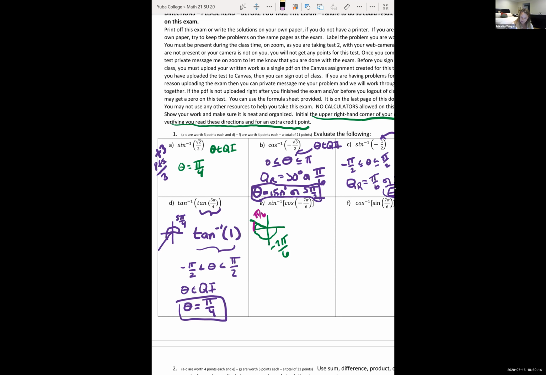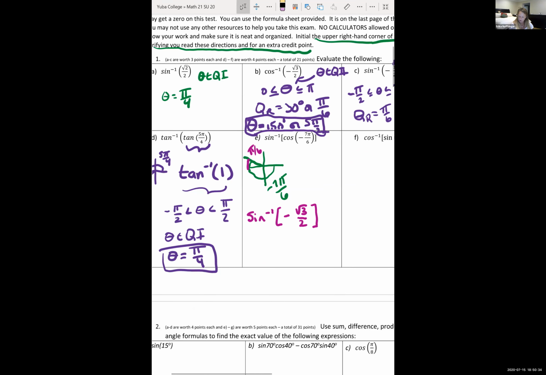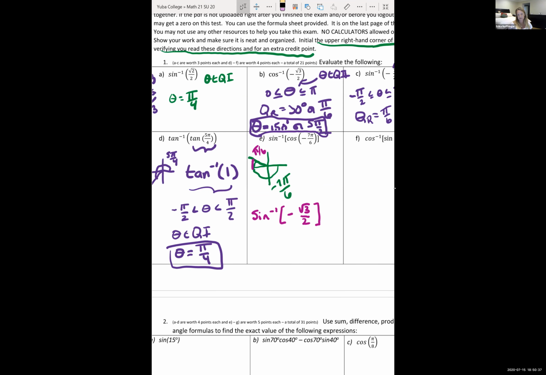And cosine in the second quadrant is negative. So this would give me sine inverse of negative cosine of pi over 6, cosine of 30 degrees, which is root 3 over 2. Now when we evaluate this, our range for sine inverse is only between negative pi over 2 and pi over 2, so theta is contained in quadrant 4. I know that sine inverse of positive root 3 over 2 is at 60 degrees.